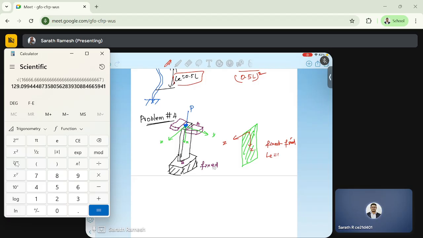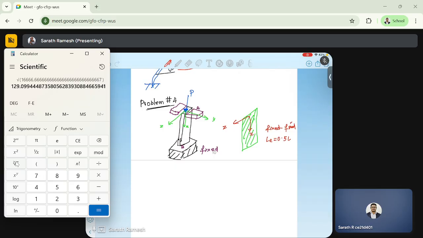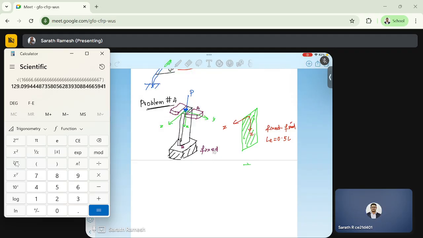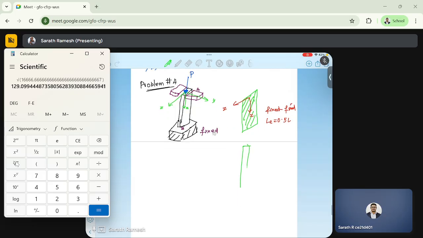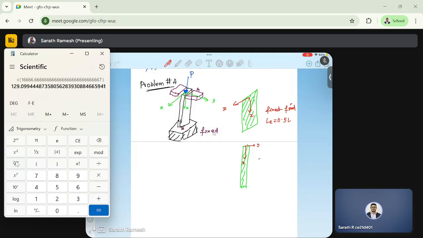So LE will be 0.5 times L, whereas in the XY plane, in this plane, one side is fixed at the bottom as usual, but the other side is free. So LE will be 2L. We have to be careful.